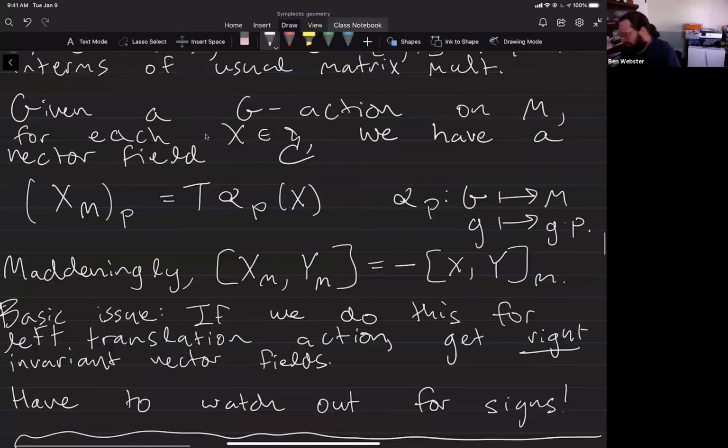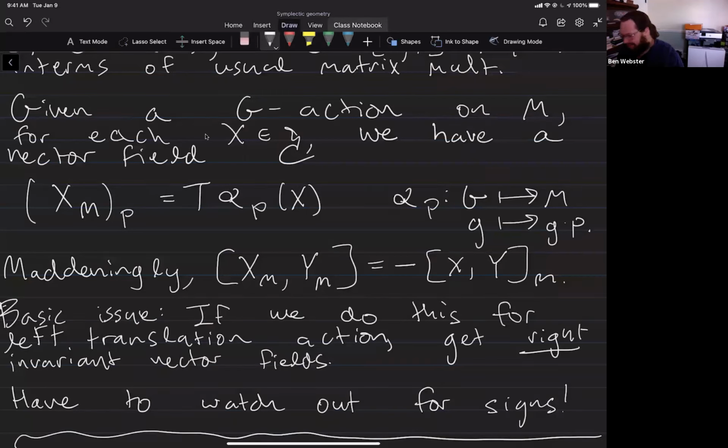And very annoyingly, you might expect that this would be compatible on the nose with the Lie bracket, but you would be wrong. This drives me slightly crazy, but the way that all the conventions are set up, if I take the Lie bracket of X and Y as elements of the Lie algebra of the group, and then I turn them into vector fields, and I take their Lie bracket on the manifold, I don't get the original Lie bracket turned into a vector field on the manifold.